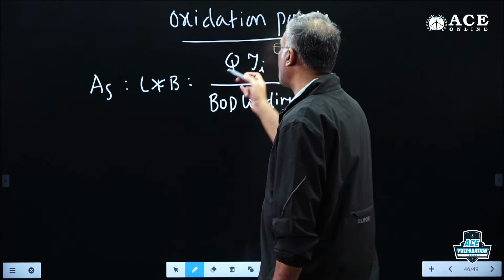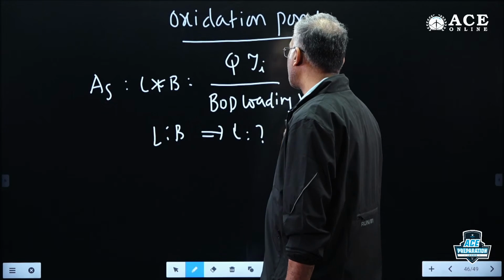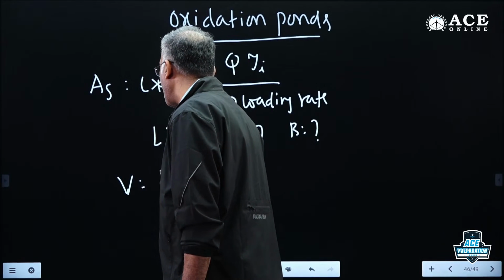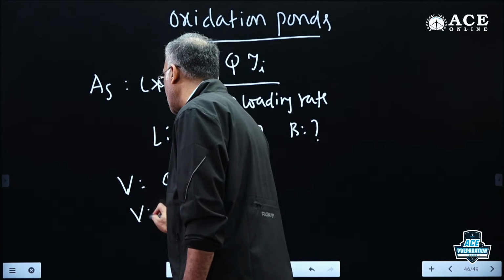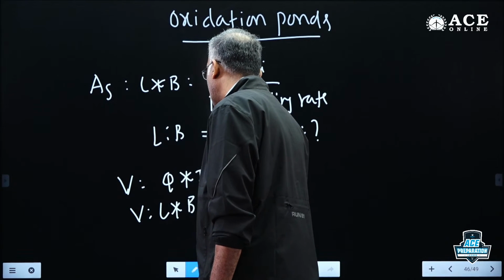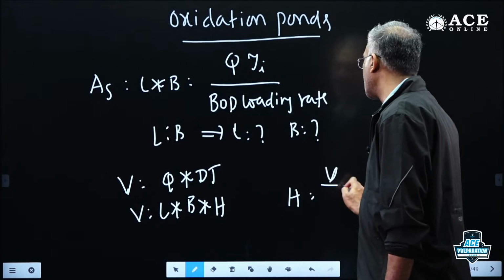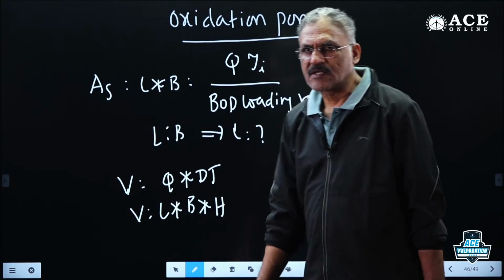Based on this, you will get the L into B ratio. Using the L to B ratio, you can find out the length and width of the oxidation pond. Then using detention time, you can find out the volume of the oxidation pond. Volume is length into width into H. Therefore, the depth of the pond is the volume by surface area. This will give the depth of the pond. That's how oxidation pond questions they will ask.